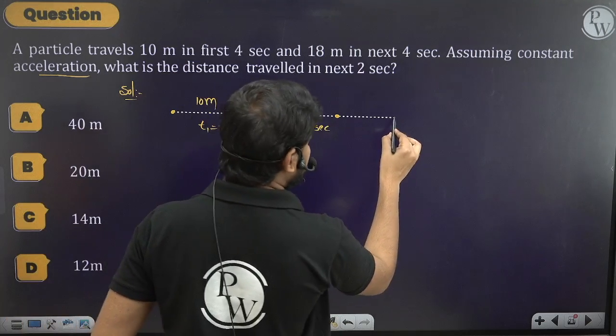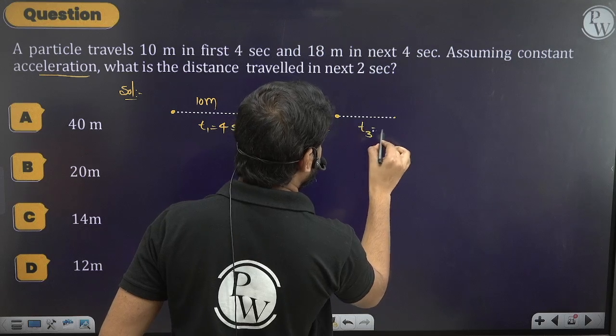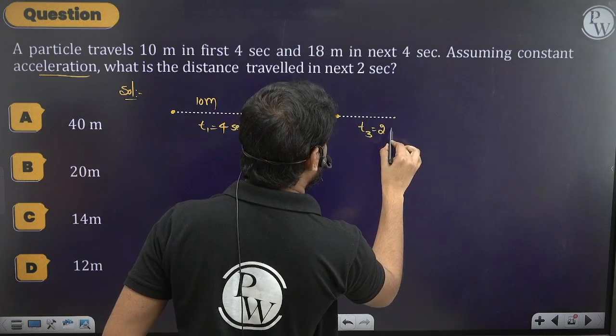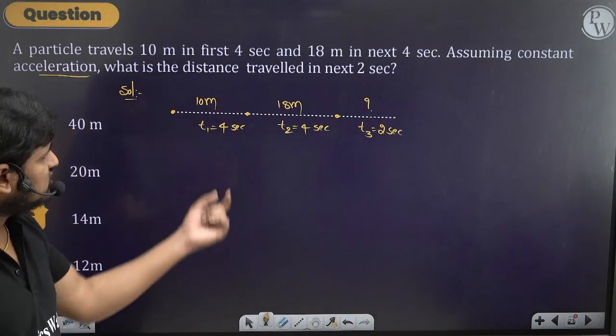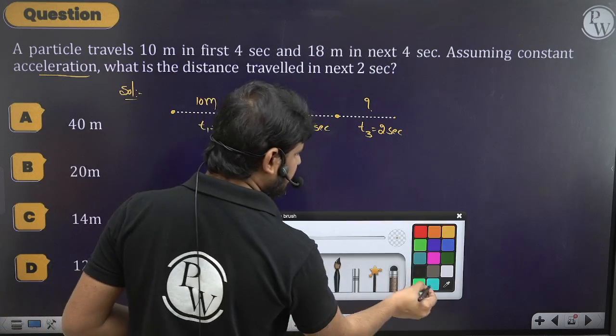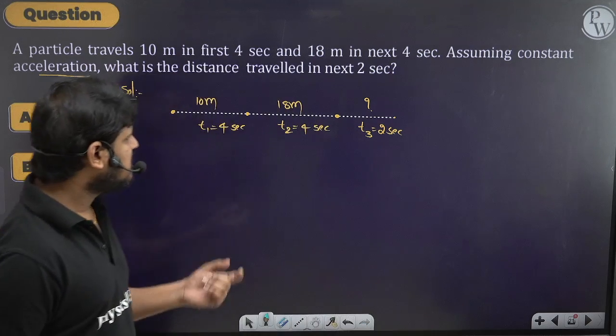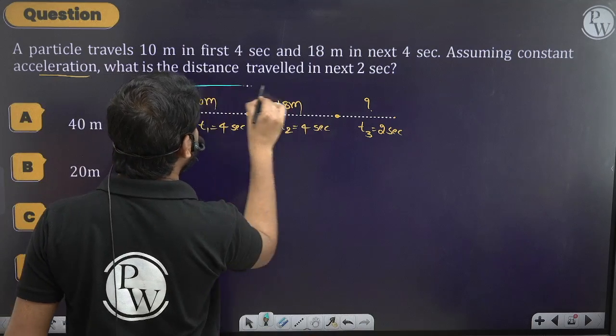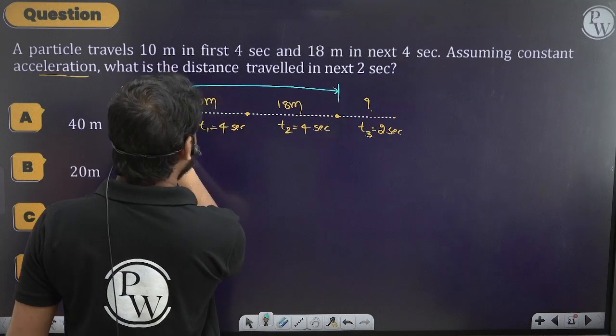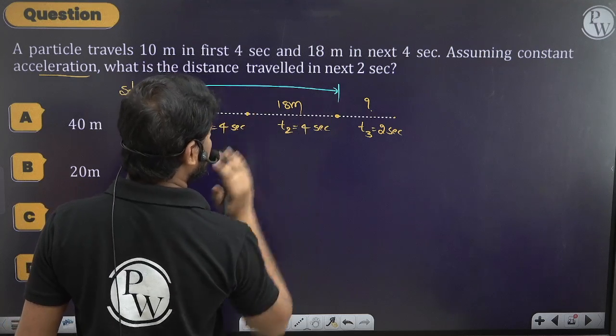Then in the next 2 seconds, how much distance does it cover? First understand through the picture. From here to here, what is the total distance covered? From here to here 10, from here to here 18.